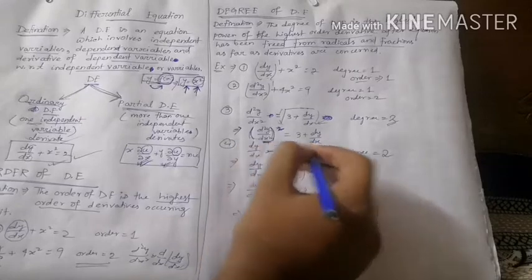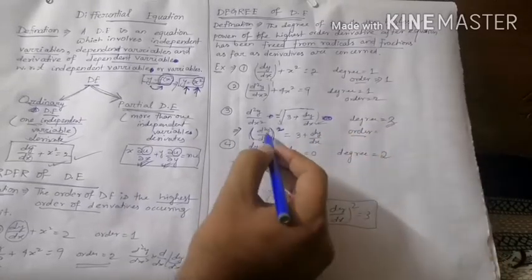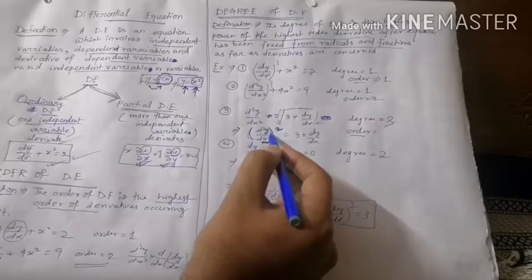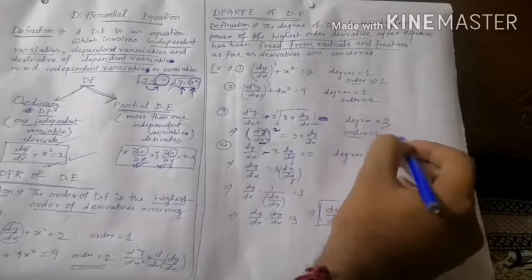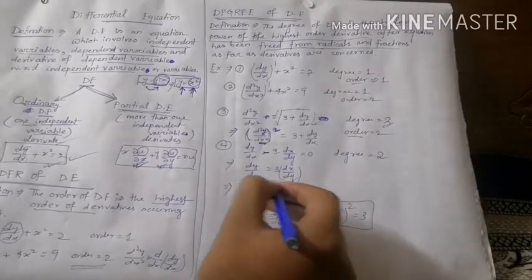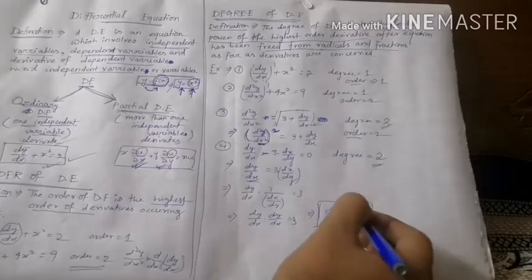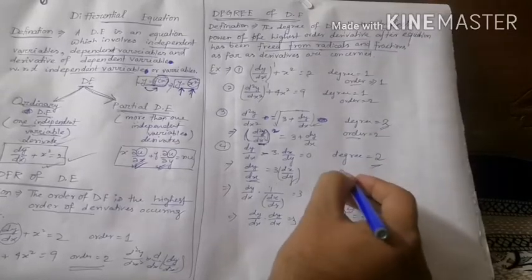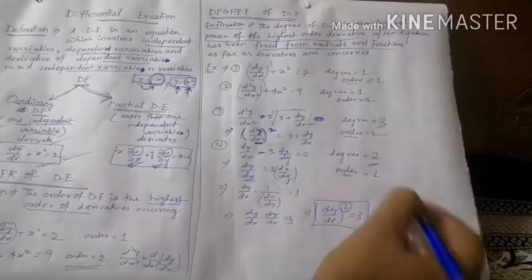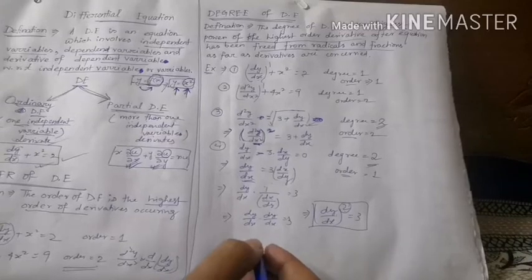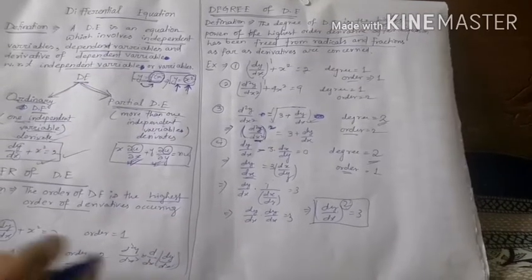In the third case, we can clearly see that y is differentiated 2 times, so the order will be 2, and the degree is 2 because of the highest power. In the fourth case, the order will be 1, since it is a 1 time derivative. So we can find the order and degree both.